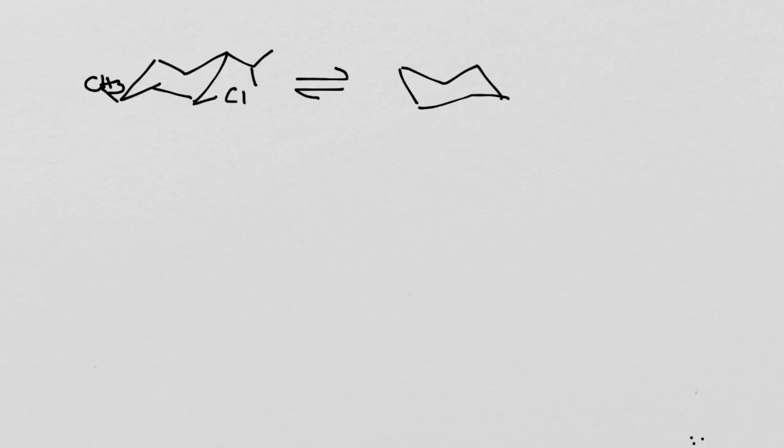So on my chair flip, my isopropyl needs to be down but move to axial, and the only way to do that is to rotate it one position counterclockwise. Now I'll go to this position, my axial up, my equatorial down. Chlorine is up in the first chair, so it needs to be up in the second chair, and then make my way over here to my CH3 group. It is still up relative to the hydrogen, and it is now axial as opposed to equatorial.